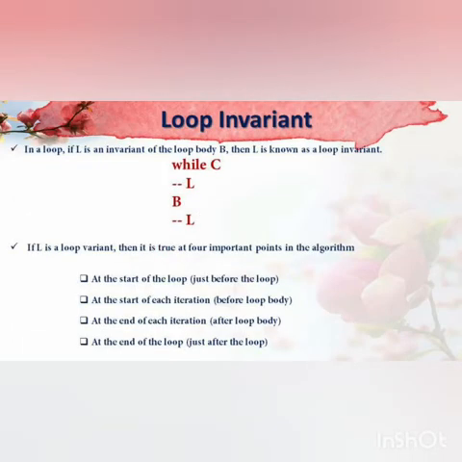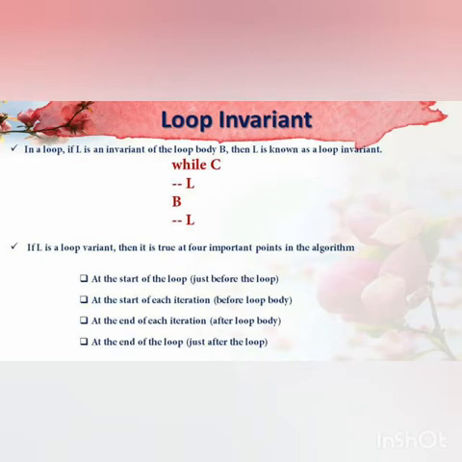Now, we will move on to the next topic, that is loop invariant. In a loop, if L is an invariant of the loop body B, then L is known as a loop invariant. So, an invariant will not be changed after the execution of the iteration also. There are some rules or points we have to keep in mind while we create a loop invariant.